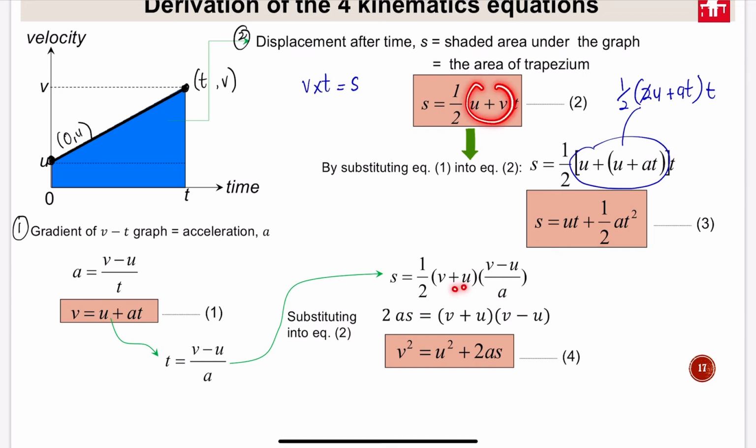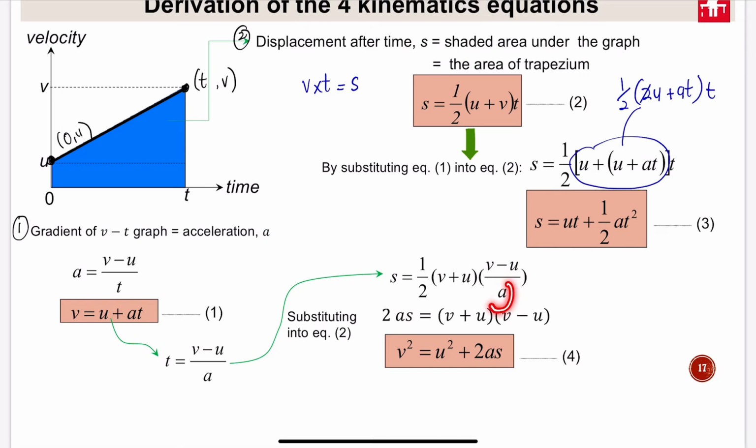So u plus v, same here, v plus u, and substitute the time, make time as a subject from the first equation. So time equals v minus u over a. So substitute time here dekat sini, v minus u over a.